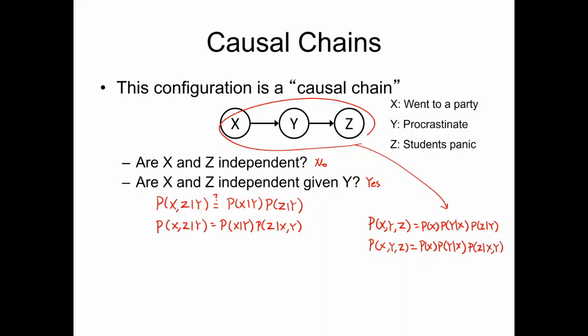So we know that the probability of z given y and probability of z given x and y are the same. So we have probability of x given y times probability of z given y. Therefore, x and z are independent given y.